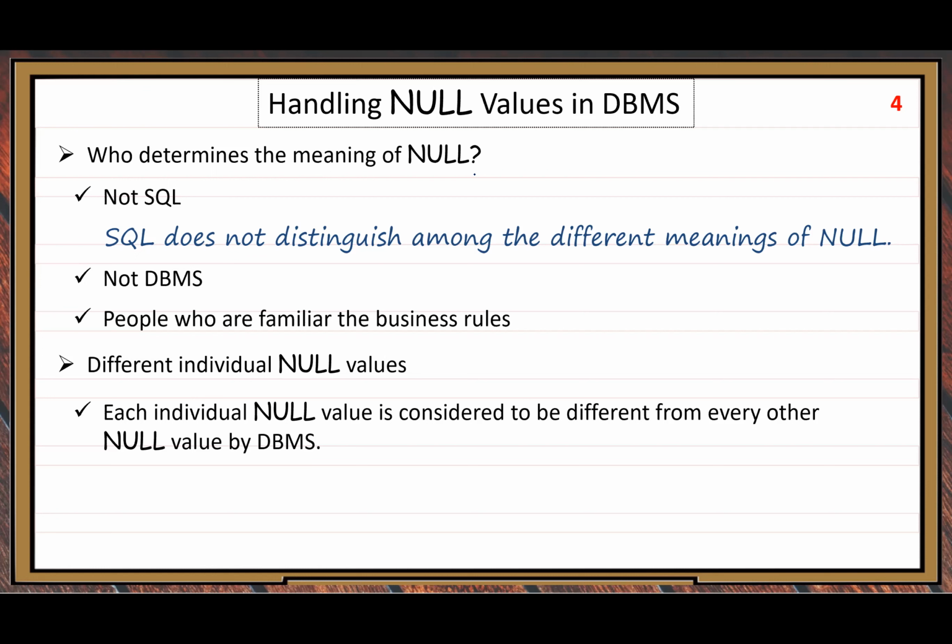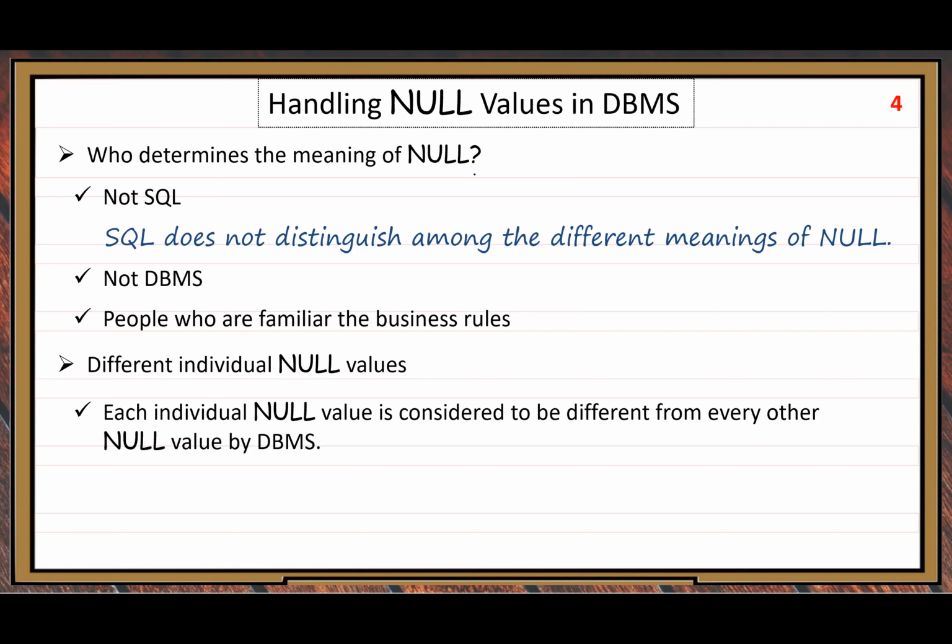But we need to consider the case they could be different. That's more important, right? So for that reason, the DBMS treats them as two different values. It will cause different behavior later when you do the query. Two values we treat as different.